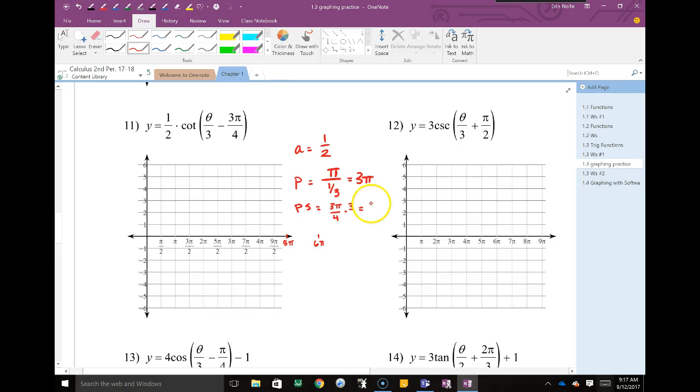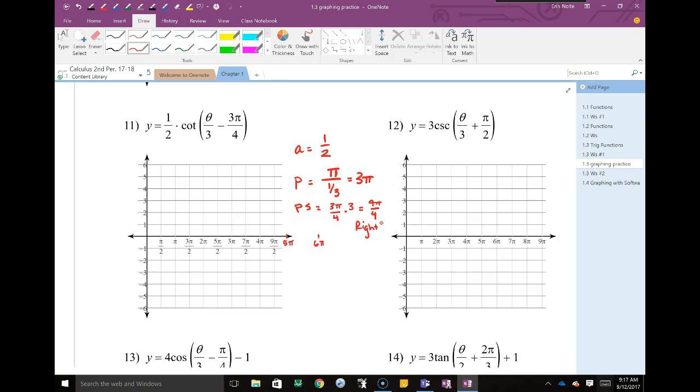Follow that? 9 pi over 4, which direction? To the right. 9 pi over 4, does that seem right to everybody? I don't like that number. I feel like I did it wrong. 3 pi over 1/3. I don't see a mistake.